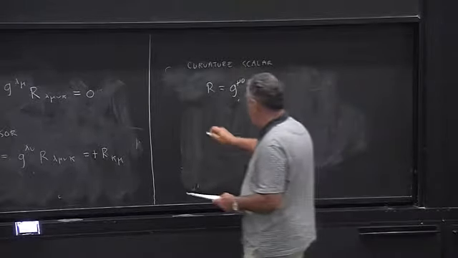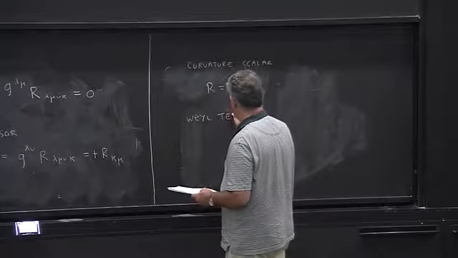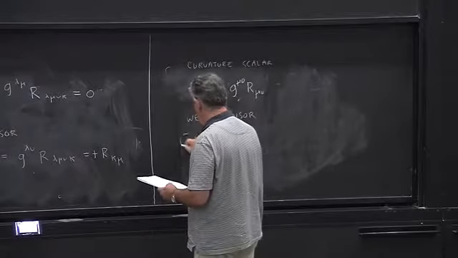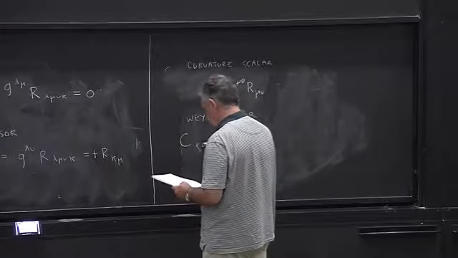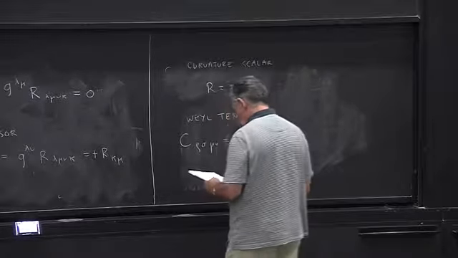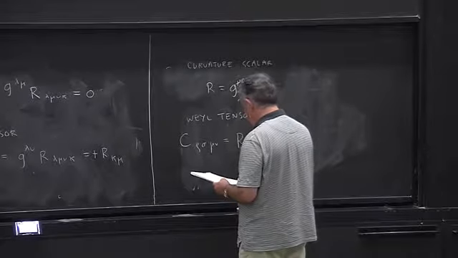And then there's the Weyl tensor, which is normally written with a C, rho sigma mu nu. And this is the Riemann tensor with some subtractions.